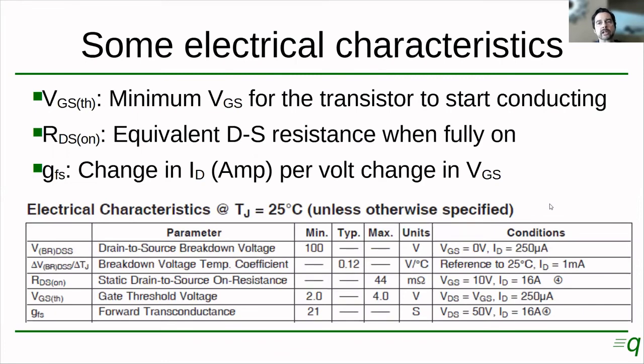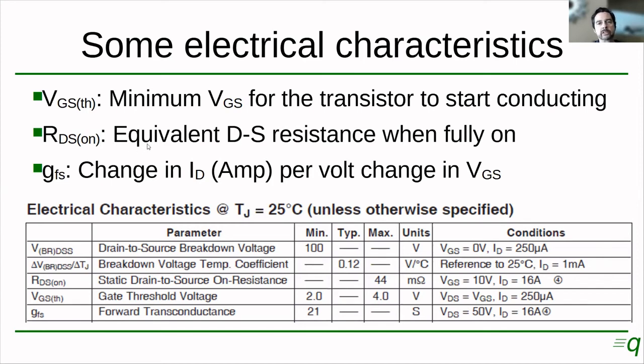Let's see some electrical characteristics of the MOSFET. We already talked about VGS-TH, or the threshold gate source voltage. That's the minimum voltage between gate and source for the transistor to start conducting. Another parameter is RDS on, right? So this is the resistance from drain to source when the transistor is fully on.